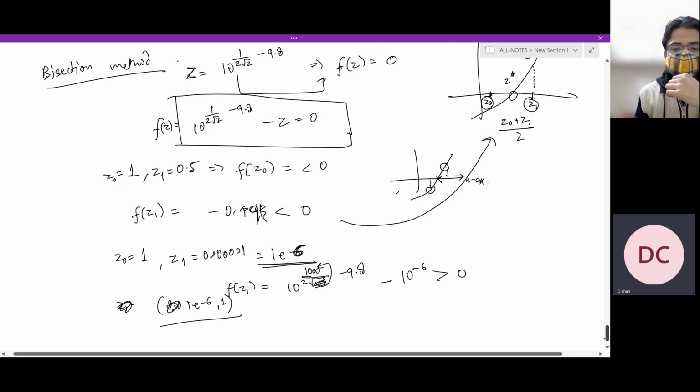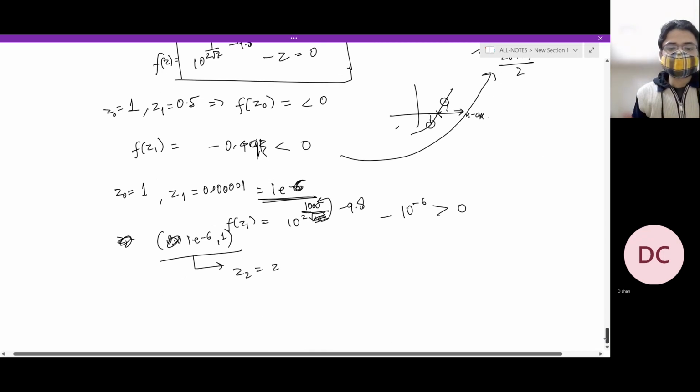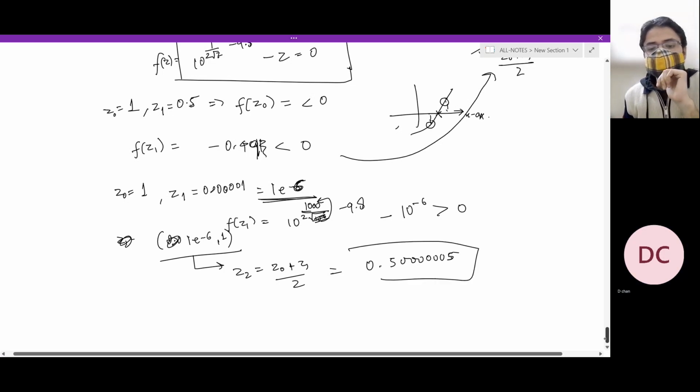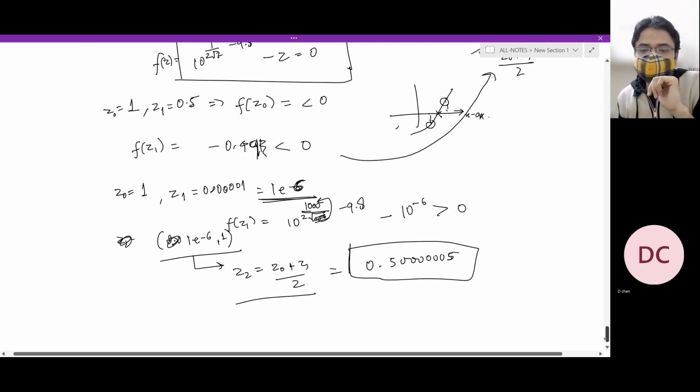As soon as you get this bracket, the next step would be to calculate Z2 as Z0 plus Z1 over 2. This will become something like 0.50000005. Now in the second step, you have two options.